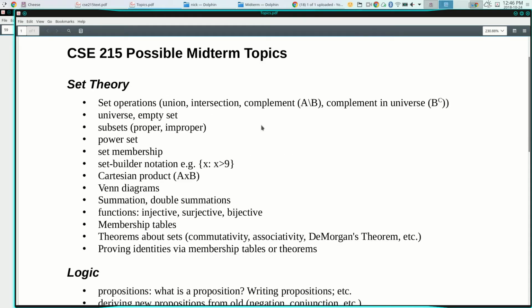All right, so I posted this on Canvas last night. And obviously, all of this is not going to be on your test. Your test has 7 questions on it. And some of them are fairly short. You know, calculate this set operation, this summation, things like that.